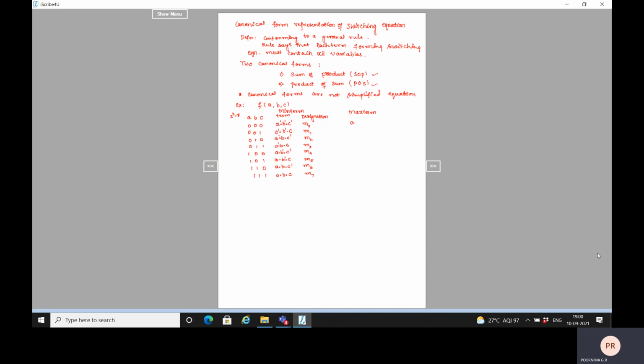So how do we get the max term? Because it is a logical OR of all the variables, the 3 variables A, B, C. Since it has to give an output value of 0 in the truth table, we can get that value as 0 by ORing the variables as they are. So the max term is A plus B plus C. The next max term is A plus B plus C complement.